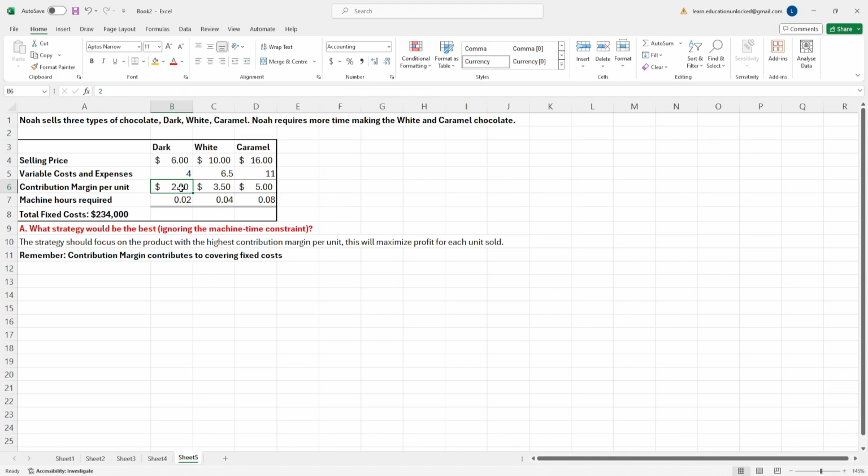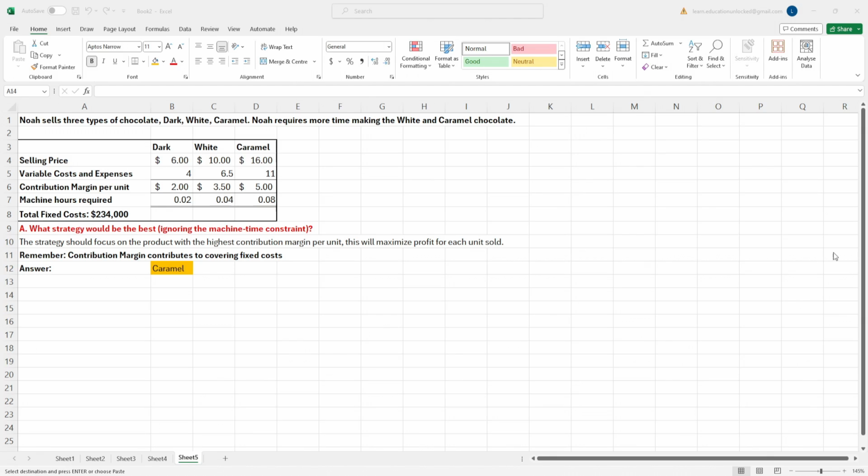The dark chocolate covers fixed costs at a lower rate than the white and caramel. So we want to look at which one covers fixed cost the most, and what that means is look at the contribution margin with the highest number. So our answer would be the caramel with $5. Since this has the highest contribution margin per unit, this is going to cover fixed costs the most.